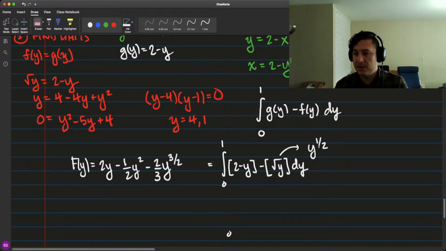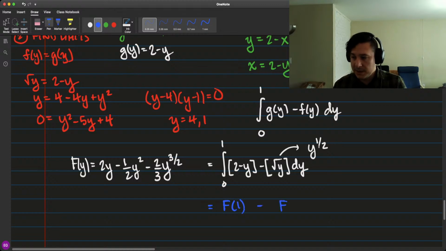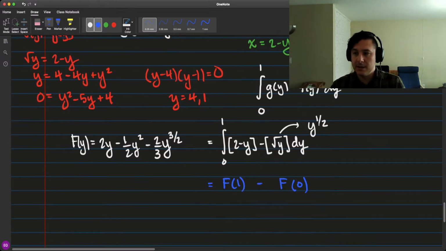So actually I don't need the integral sign again. We can just calculate what the answer is. We're going to plug 1 into the antiderivative, plug 0 into the antiderivative, and find out what that is. Let's plug 1 in first.